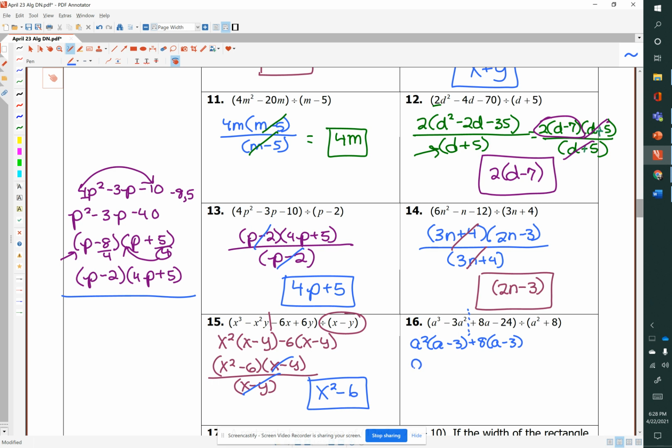So when we rewrite this, it's a squared plus 8 times a minus 3, and that is divided by a squared plus 8. And let's cancel the common factors. And that leaves us with an answer of a minus 3.